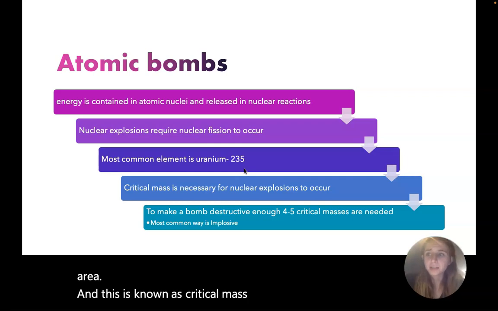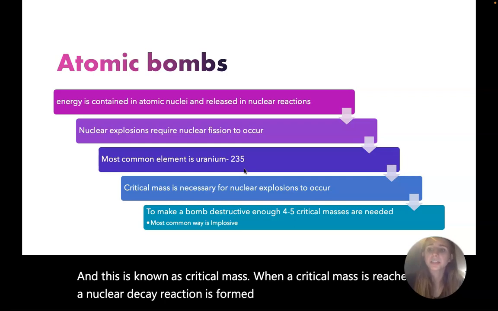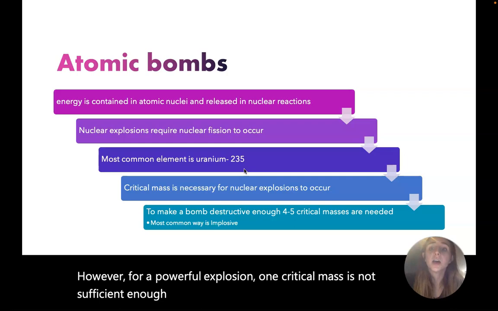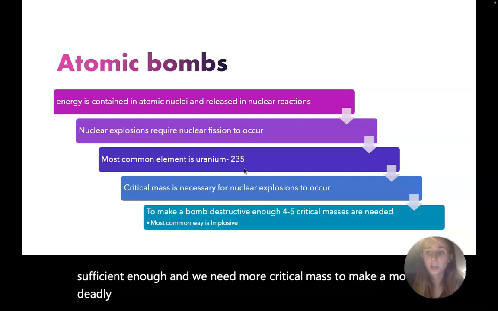When a critical mass is reached, a nuclear decay reaction is formed with the release of energy. However, for a powerful explosion, one critical mass is not sufficient, and we need more critical mass to make a more deadly reaction occur.